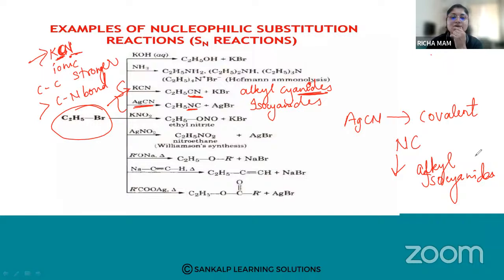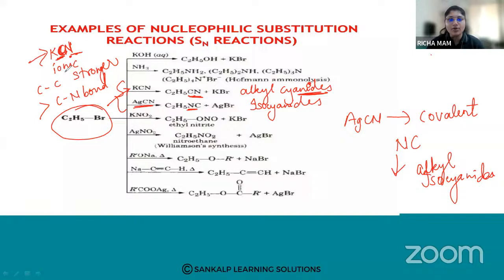Understood? So like this, the question is asked: haloalkanes react with KCN to form alkyl cyanides as the main product, and AgCN forms isocyanides as the main product. Explain. What you will explain is that KCN is ionic in nature, so both carbon and nitrogen are free to link with the alkyl group.